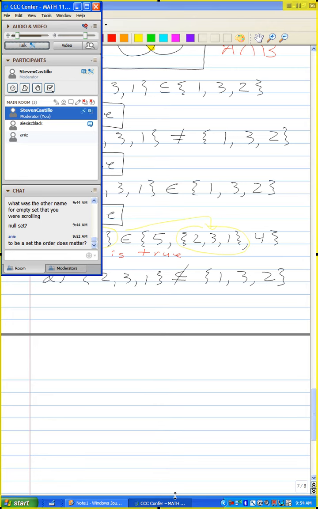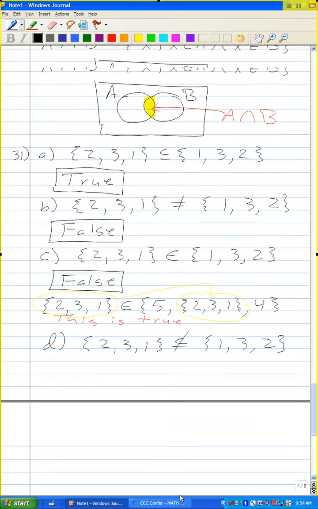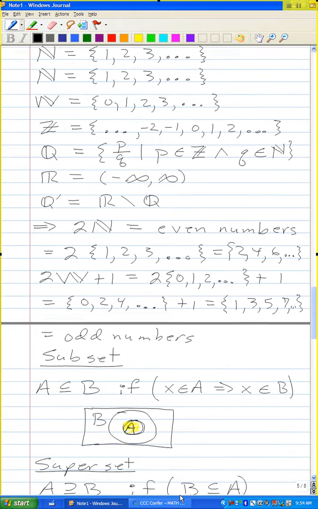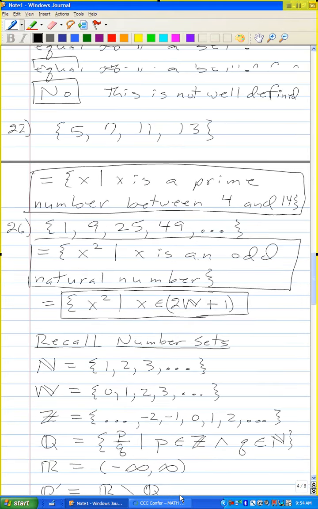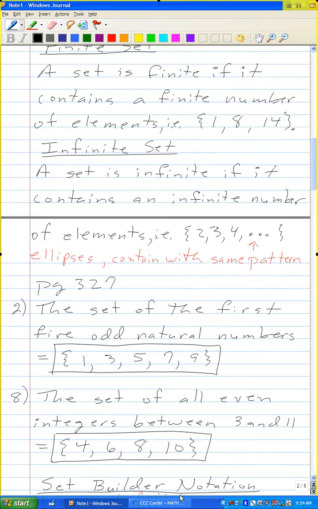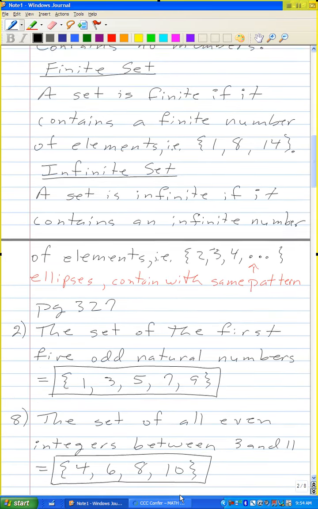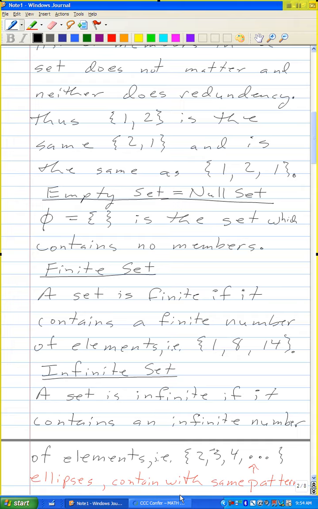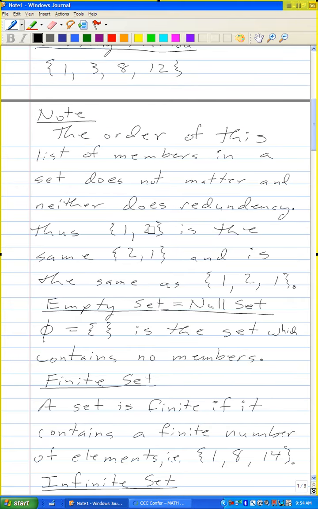So when we have a set, order does not matter. However you list the elements, order doesn't make any difference. Okay?